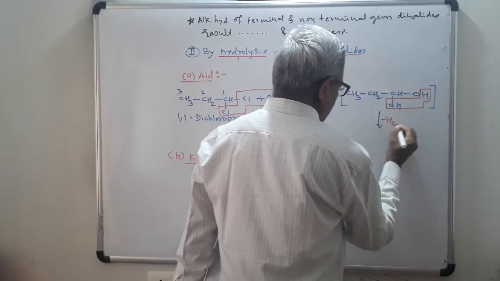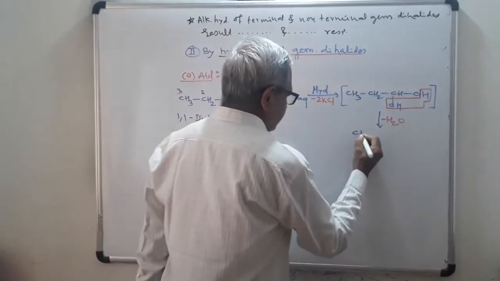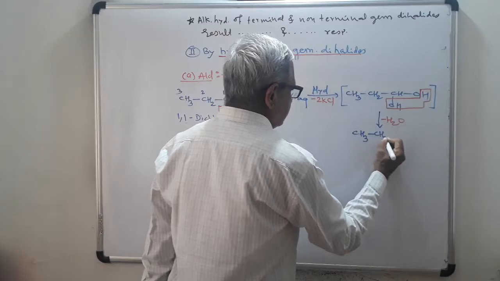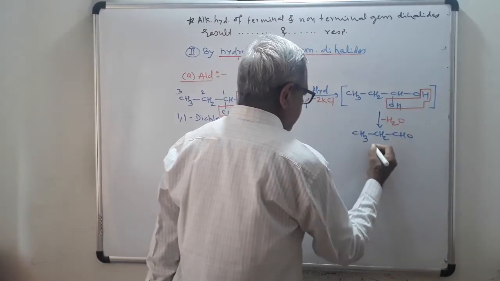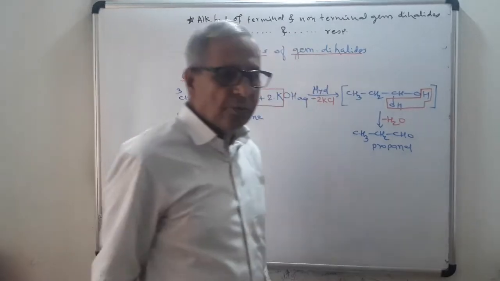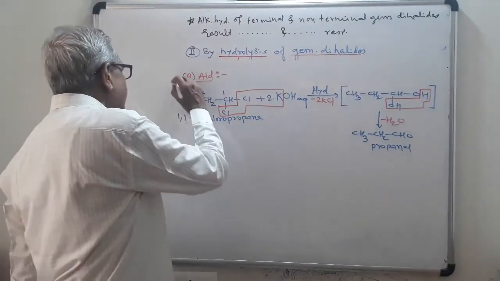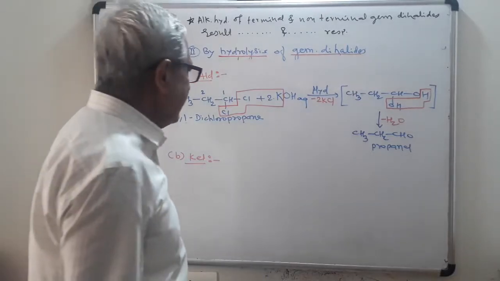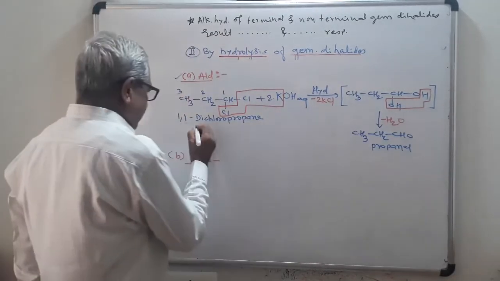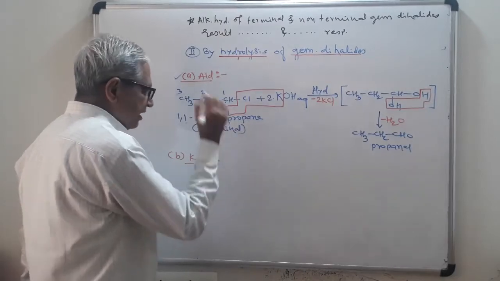Minus H2O. So you will get the product CH3 CH2 CHO, and it is propanal. This is the IUPAC name. Propionaldehyde is the common name. So in this way we can prepare any aldehyde by using a terminal geminal dihalide.